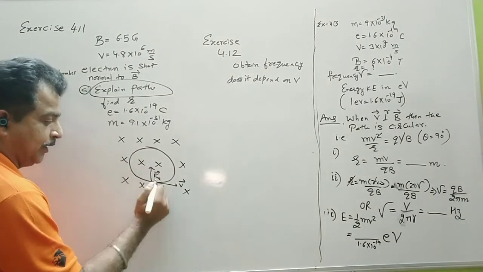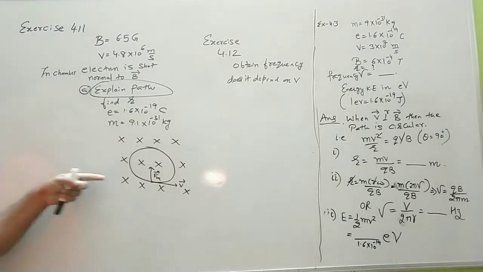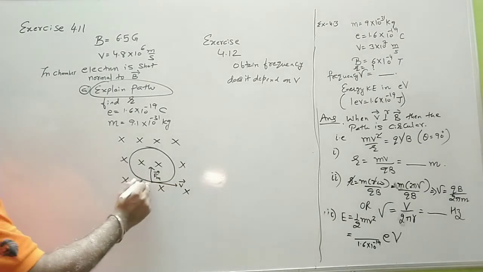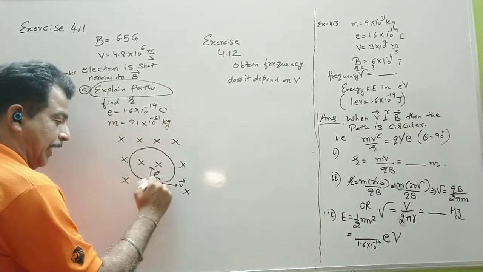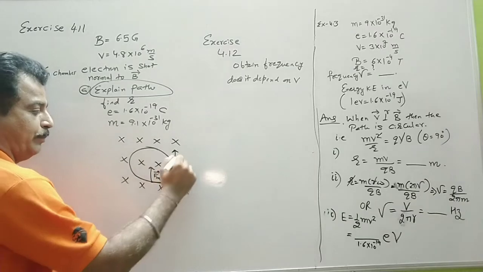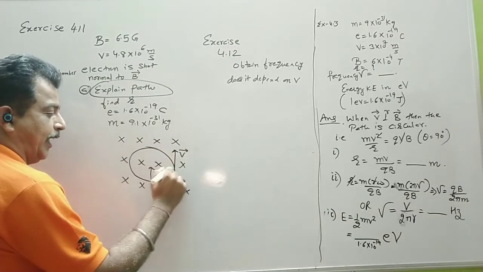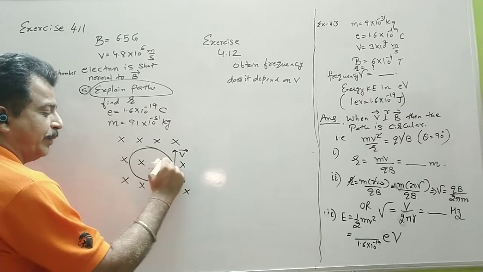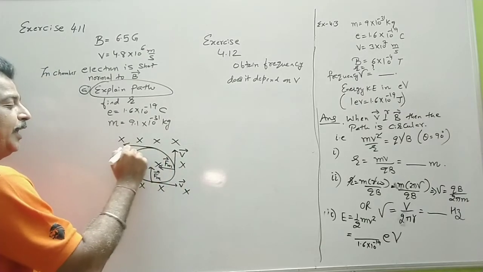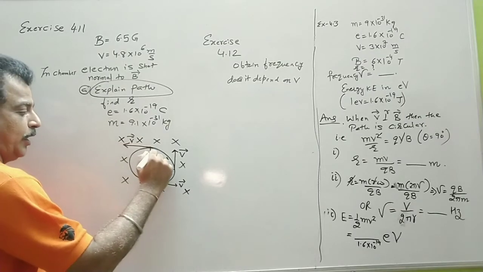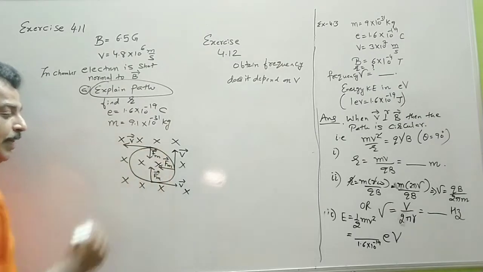As soon as it enters perpendicular to the magnetic field, the magnetic force will act on it and it will start moving in a circular path. The velocity at any instant will be along the tangent, the force is perpendicular to it and it is directed towards the center. So this was our theory which we have already discussed in the previous lecture.